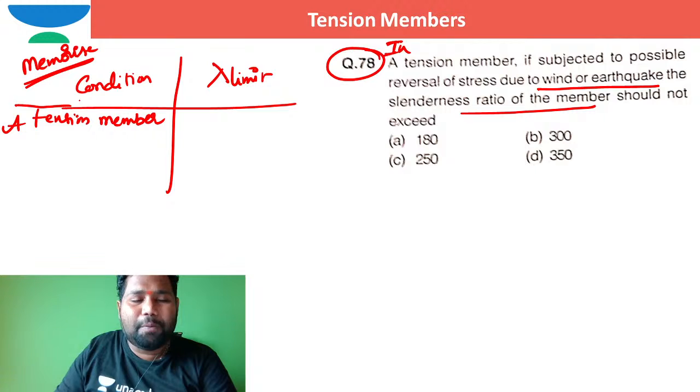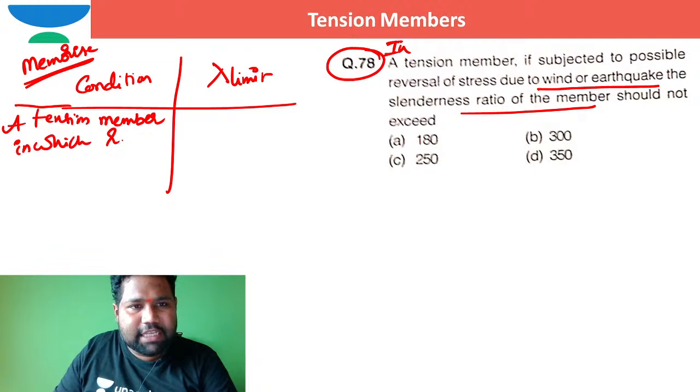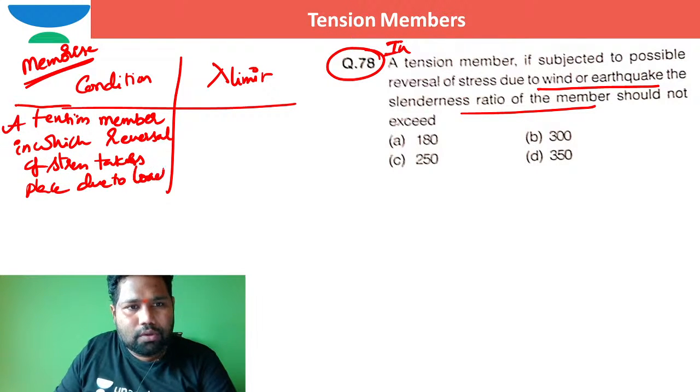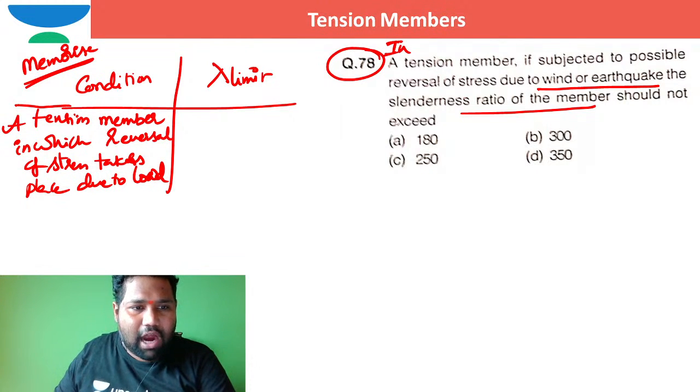A tension member in which reversal of stress takes place due to load other than wind and earthquake, I can say, other than wind and seismic loading.